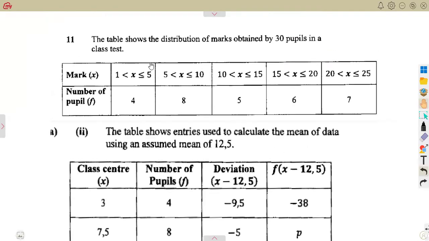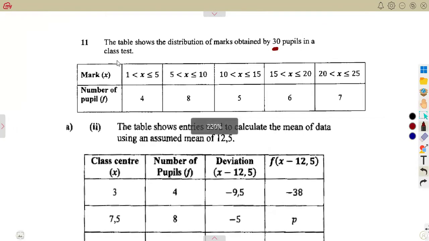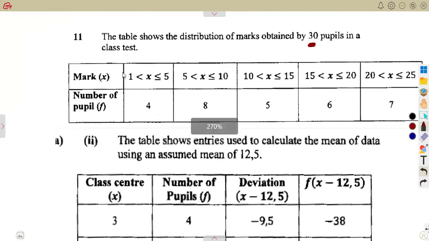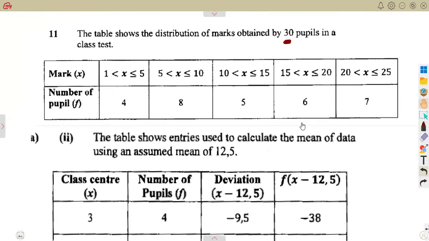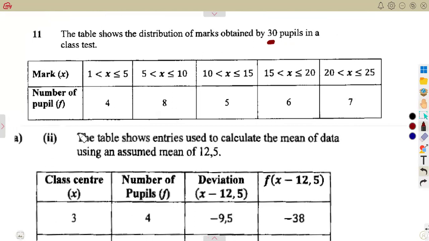They give us a table that shows the distribution of marks obtained by 30 people in a class test. We are already told there are 30. You're given the marks and the number of people, which is the frequency.